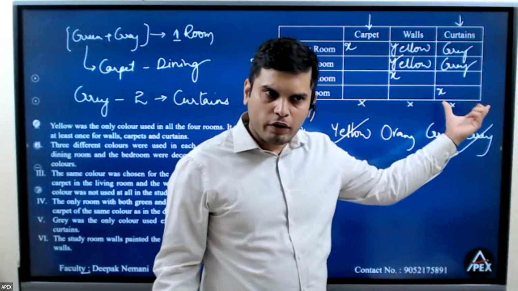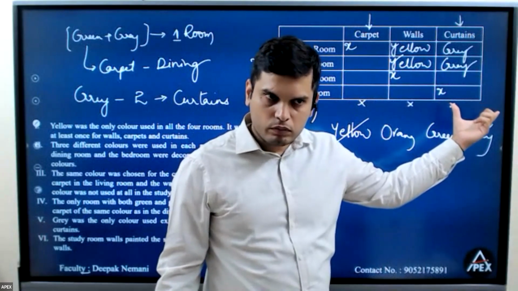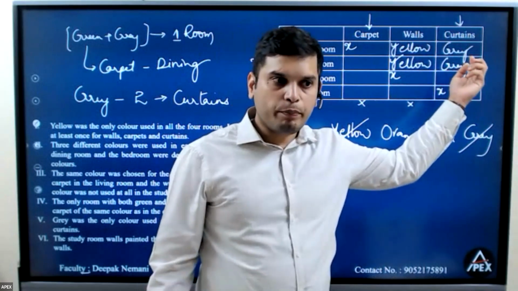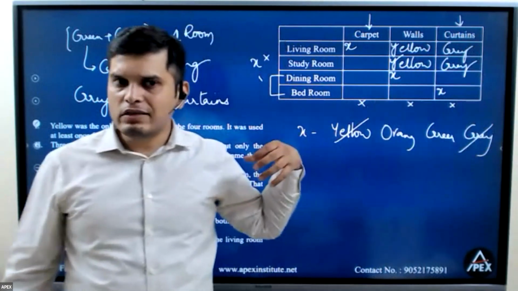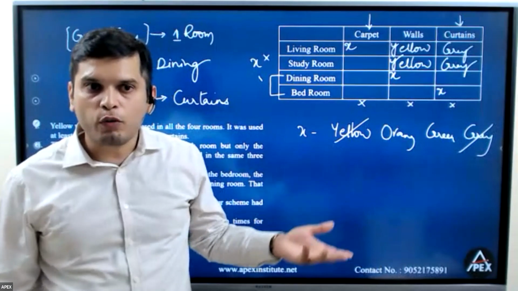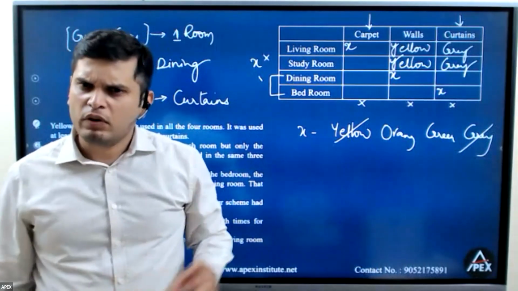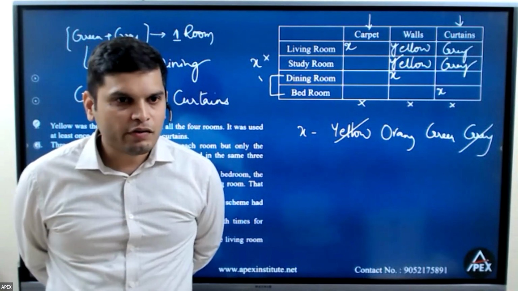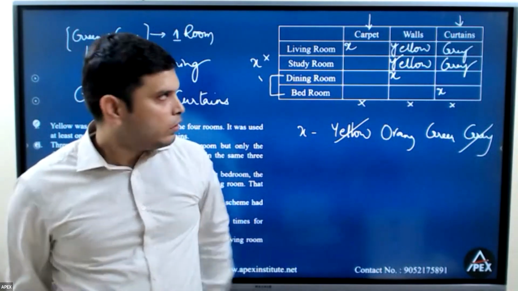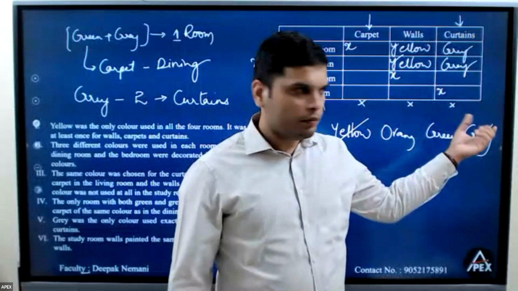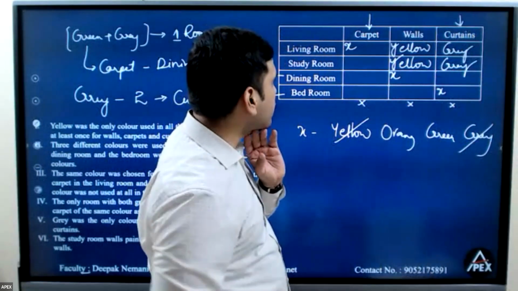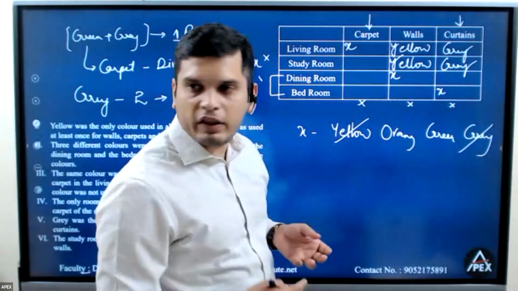You cannot have yellow here because X is not yellow. But you need to have yellow painted for curtains in one of the rooms. So in which room are the curtains painted with yellow? Dining room? Yes or no? Yellow should be in this column, so yellow cannot be here. So yellow should be here. So I can say that the curtains of the dining room are painted with yellow.